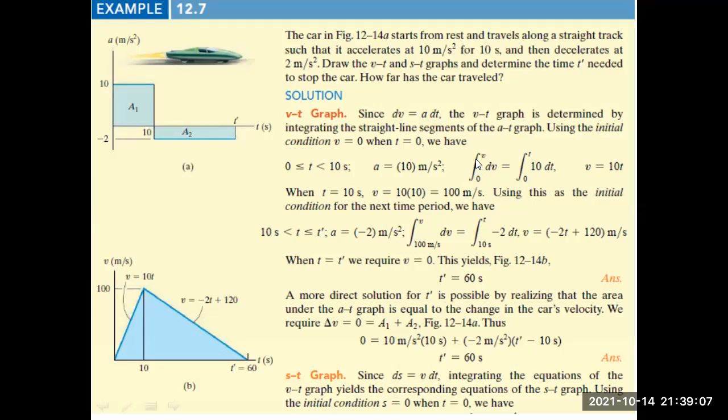Okay, we have velocity and time. So the velocity, it says the car starts from rest. What does it mean? The car starts at zero. Yeah, v is equal to 0 at time equal to 0. So we have the initial condition for the velocity and time. Both of them are equal to 0.